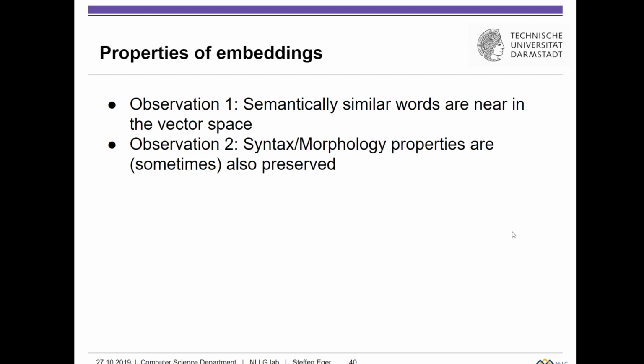And what has been shown empirically is that these vector representations are good in the following sense. We have observation number 1: semantically similar words, so words that are intuitively considered to capture the same meaning, are near each other in this vector space. And observation number 2 is that syntax and morphology are somehow also encoded in the vector space.